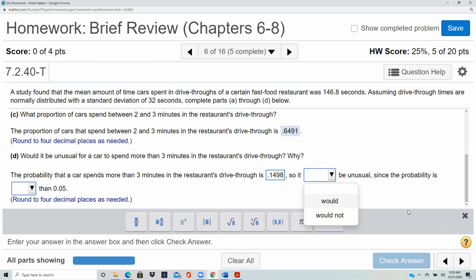So what about this? It would be unusual because it's, well, then I'm 5%? What percentage is 0.1498?